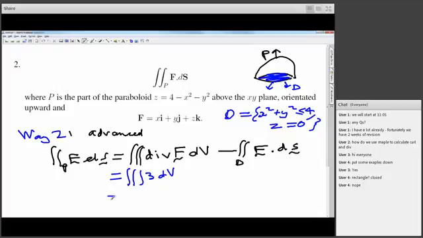So I'll just put the 3 out. The inner integral, if you're integrating dz, dx, dy, the bottom surface here is z equals 0, and the top one is z equals 4 minus x squared minus y squared.